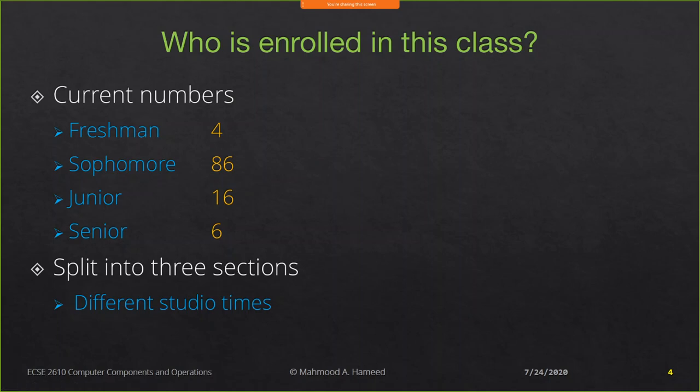There are some 16 juniors, and then we have 6 seniors in this class. The class is divided into 3 sections, and it is divided into those sections only because there are 3 different studio times. The lecture times are going to be the same for all 3 sections. So the differentiation over there is just the studio time.